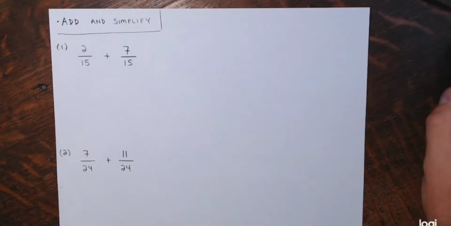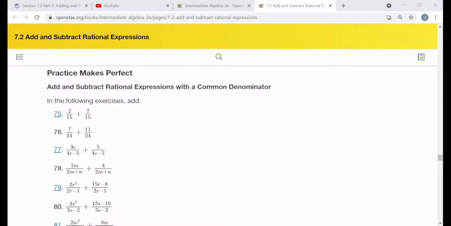Before I get into actually writing out the examples here, every single example I'm going to do in this video is taken directly from a free online textbook at openstax.org, their Intermediate Algebra 2nd edition book. I am in section 7.2 titled Add and Subtract Rational Expressions.